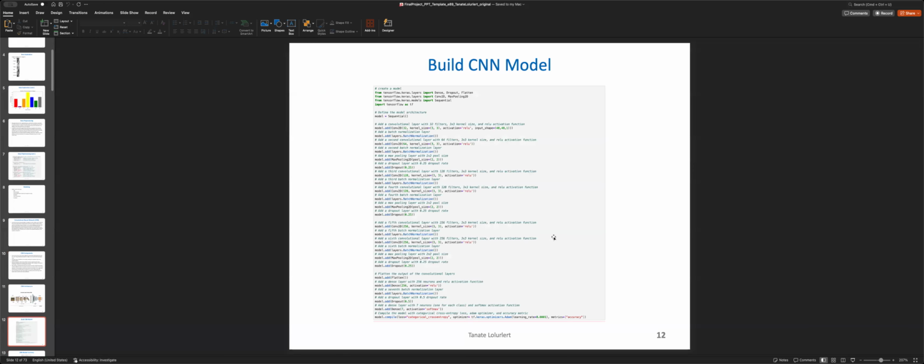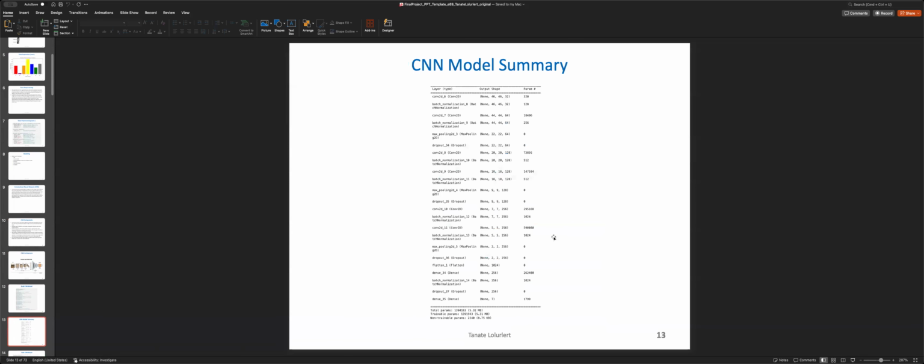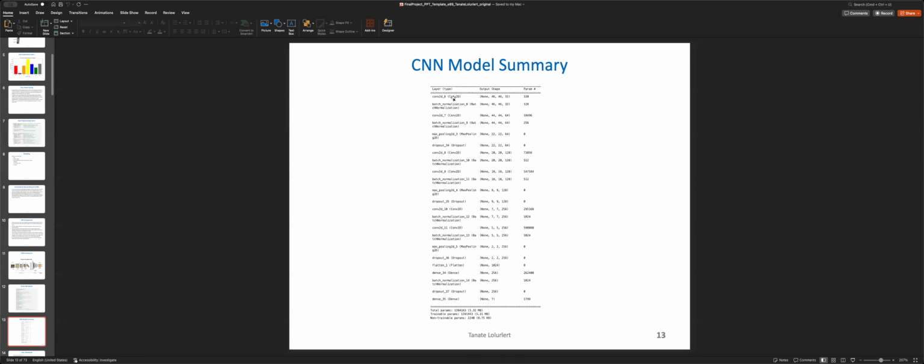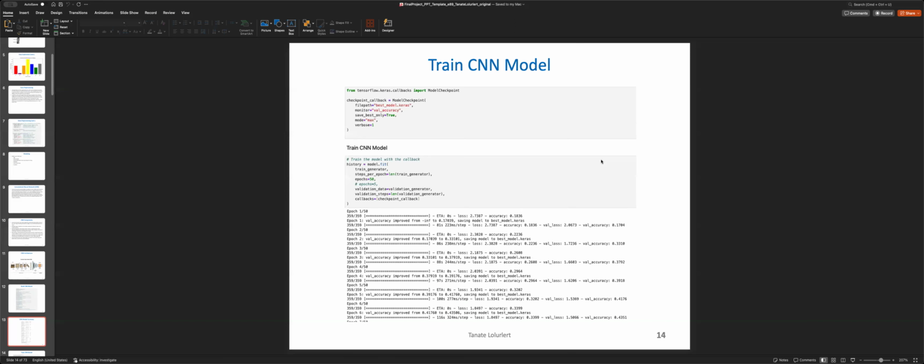This is how I build the CNN model, the code that I use. And this is the summary of the model. I have convolutional layers, batch normalization, max pooling, and I trained the model for 50 epochs.